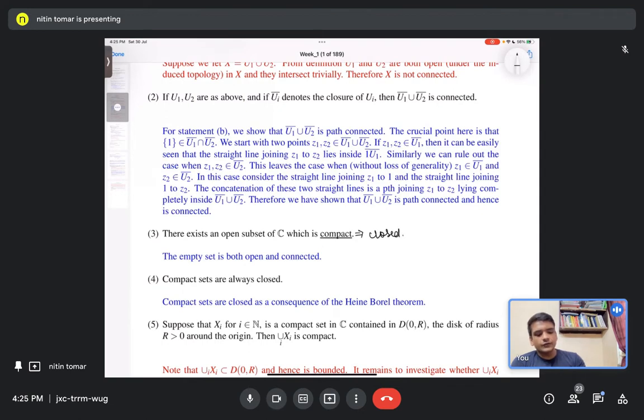So the set we are looking for is both open and closed. And in the complex plane, because it is a connected set, there are only two sets which are both open and closed, which are the empty set and the set itself.